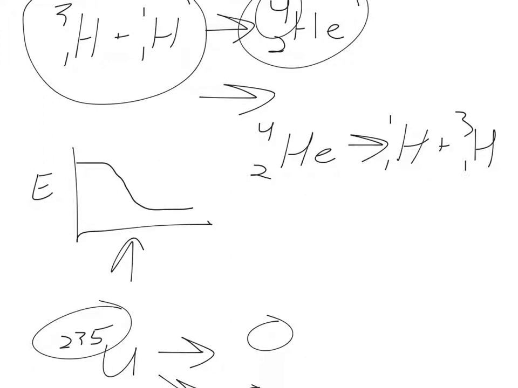Totally possible. But when you do that, because you are smaller, helium-4 is smaller than iron-56, if you split when you're smaller, you have to gain energy. Somebody has to give you energy to make you split apart. And so you become less stable, and that's not favorable.